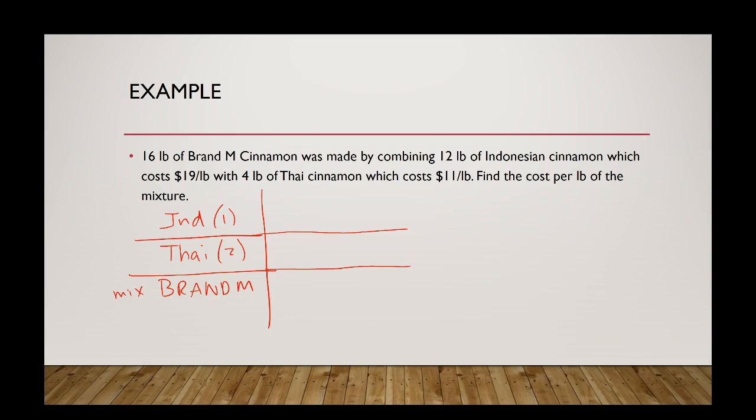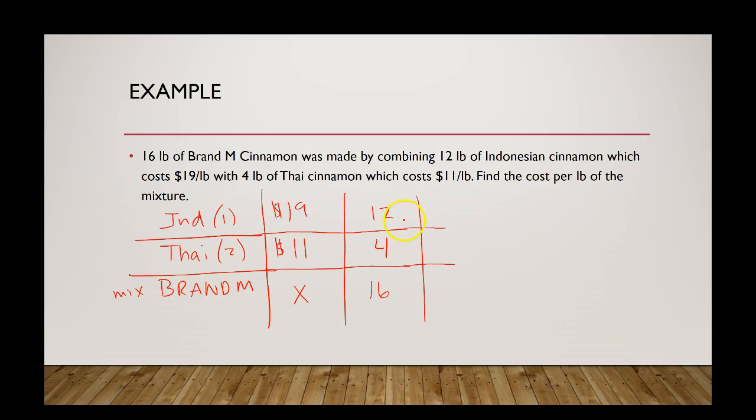So it says, I'm just going to kind of fill in the pieces, do this a little, see what we can get. So 16 pounds, so that's here, 16 pounds. 12 pounds of Indonesian, which cost $19, with 4 pounds of Thai, that cost $11. Find the cost per pound of the mixture. So right there is our unknown.